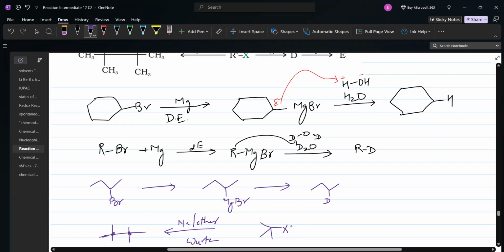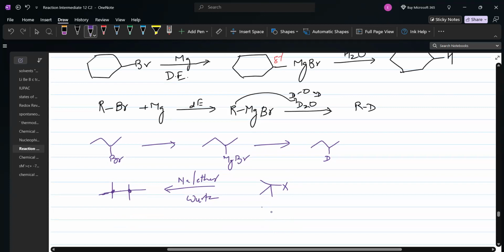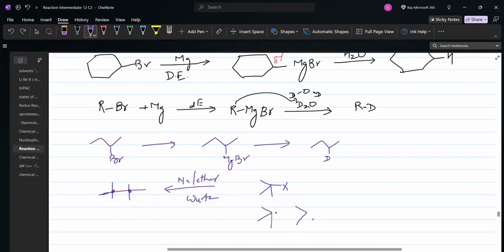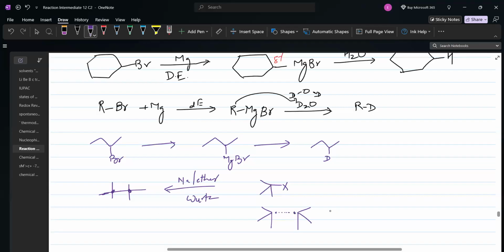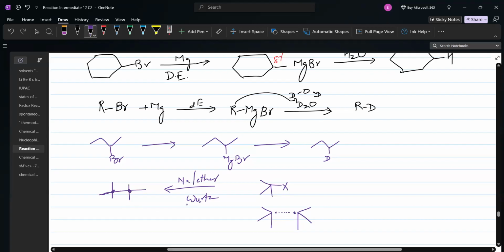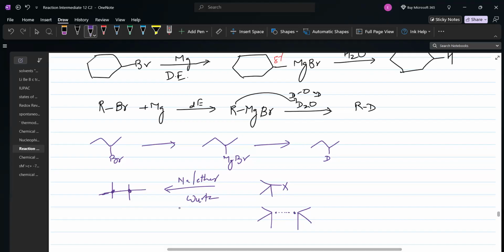When this halogen goes, I'm writing the intermediate for you to understand it better. This two will make a bond and this will form. Are you getting this? Yes, sir. So this is R dash X.